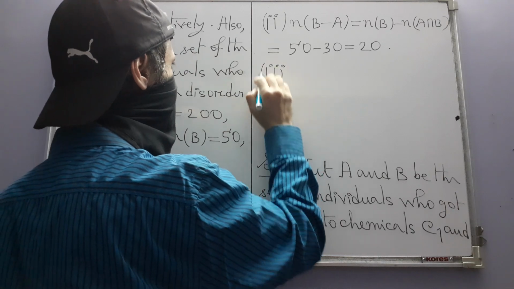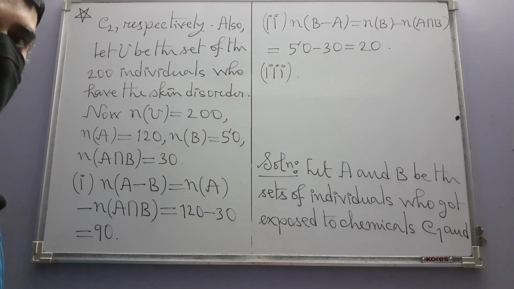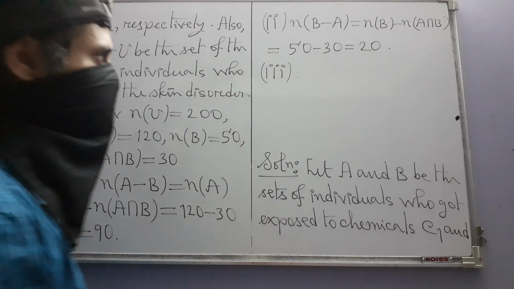And in the third one, we have to find the number of people who got exposed to C1 or C2. So that means it's the union.